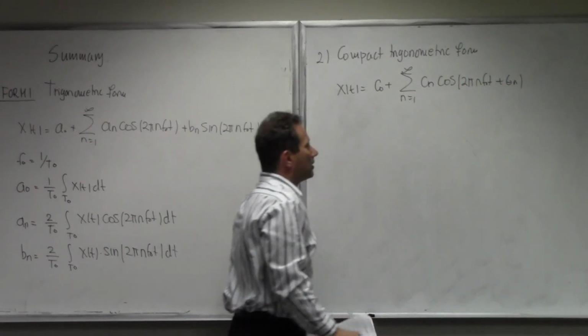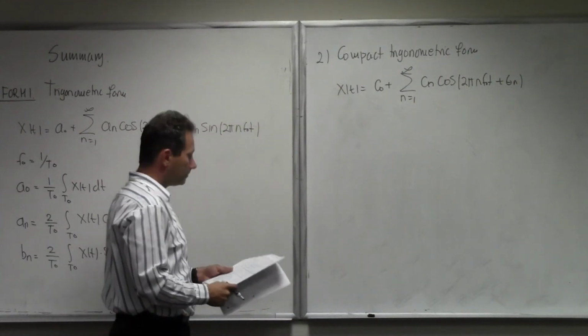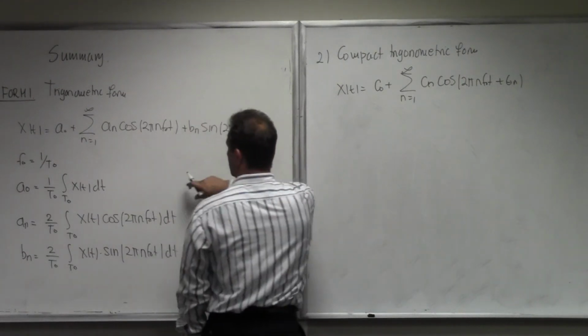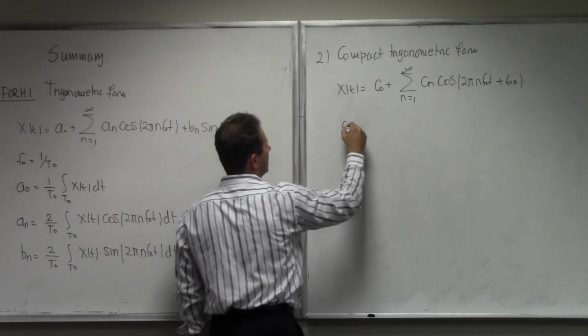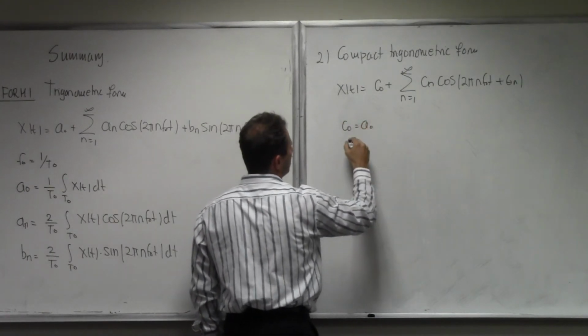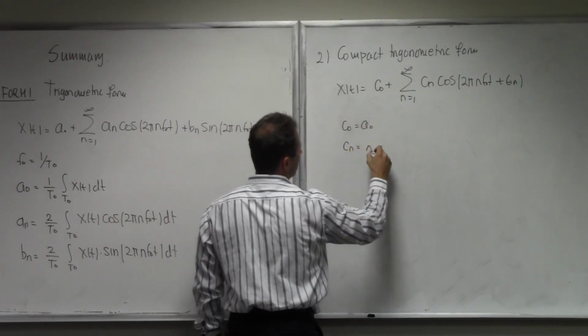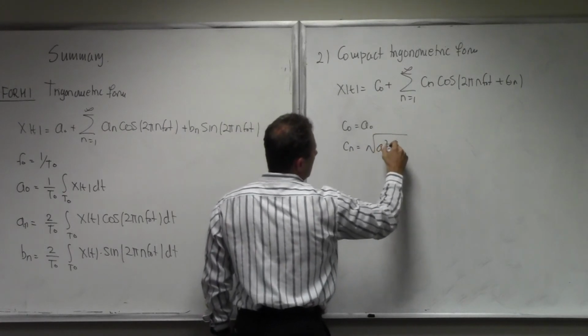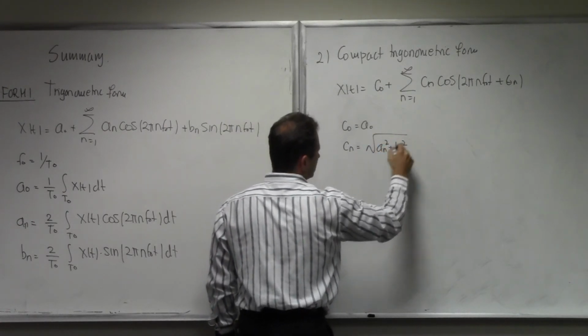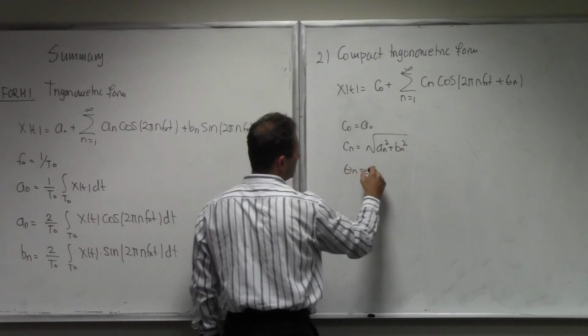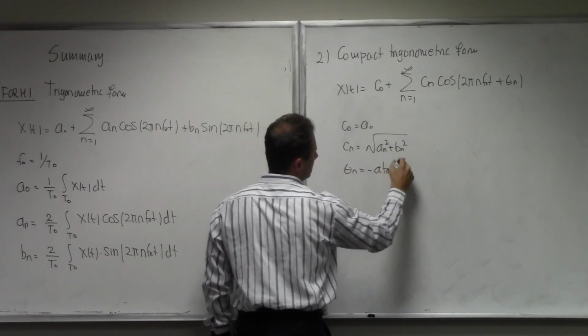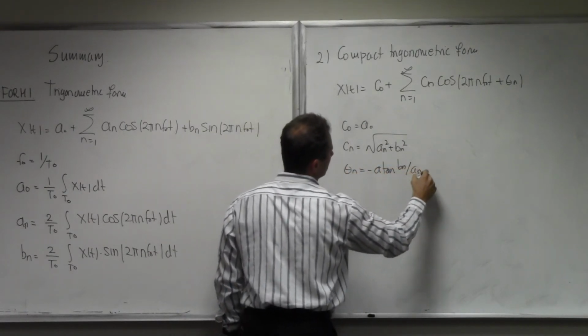There are no direct calculation formulas for this form. We have to calculate still the a's and b's, and then you get that c0 is equal to a0, cn is equal to the square root of an squared plus bn squared, and theta n is equal to minus arctangent bn over an.